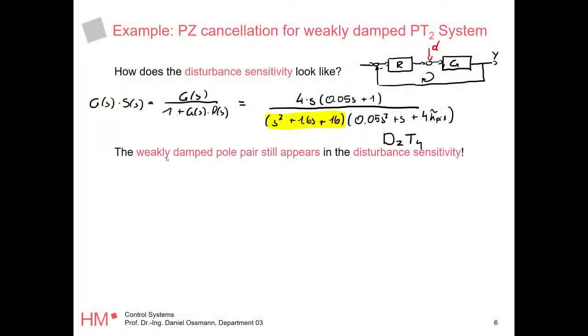So you still can cancel it, but you need to be aware that if you have disturbances, they're going to excite that thing which you damped, right? And this is what we have just seen with our simple calculations. So the weakly damped pole pair still appears in the disturbance sensitivity, and thus this side wind can excite this lowly damped motion.